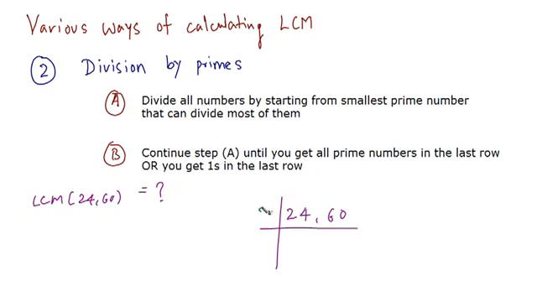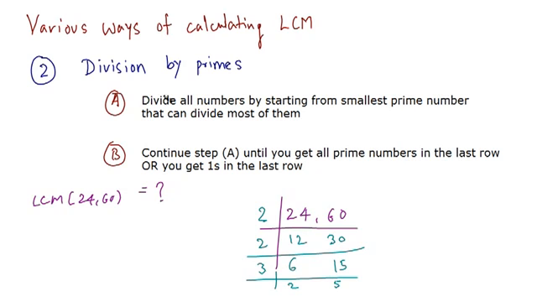So we would start with 2, and 2 can divide both of these numbers, so if we divide 24 by 2 we get 12, and if we divide 60 by 2 we get 30. Again these can be divided by 2, so we get 6 and 15. Now these cannot be divided by 2, so we can divide these numbers by 3. So if we divide them by 3 we get 2 and 5. Now we have got prime numbers in the last row, so we stop.